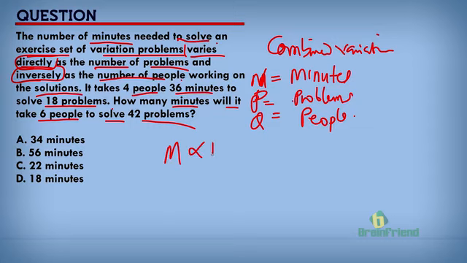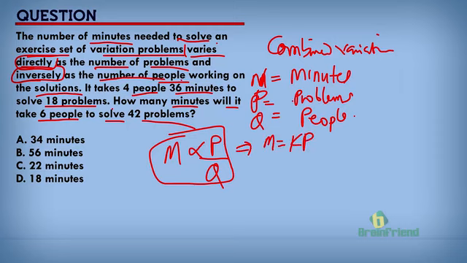M varies directly as P, and inversely as the number of people, inversely Q. So we have our original relationship as M varying directly with P and inversely with Q. Of course, this gives us M is KP all over Q. Now we are looking to find K. Let's input the known values here, and then we'll get our value for K.